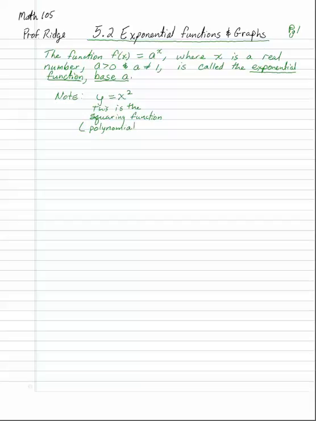The variable is the base, and then the exponent is just a constant. It's a 2. It's a square. Whereas y equals 2 to the x, this is an exponential function.